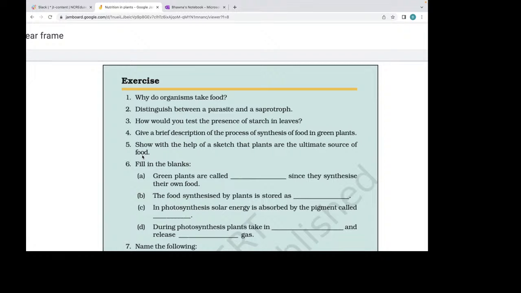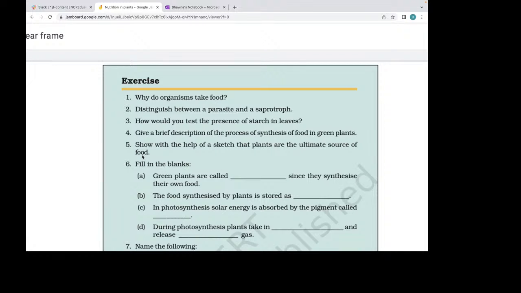Why are plants the ultimate source of food? Because basically there are vegetarians and non-vegetarians. In science language we can say herbivores and carnivores. Vegetarians depend on plants for their food, and carnivores depend on other animals for their food. But eventually those other animals depend on plants for their food again. So indirectly the carnivores also depend on plants only. So that is why plants are the ultimate source of food.